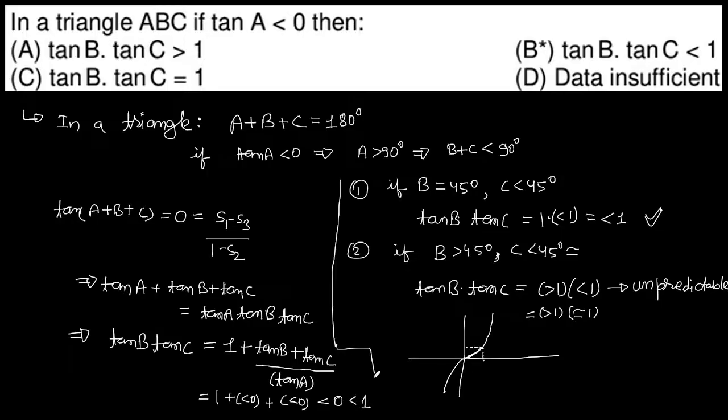If we go this way, tan B will be some number and tan A will be some fraction. A fraction multiplied with a number will be less than 0. So 1 plus less than 0 is less than 1. Hence tan B tan C is less than 1. If one case is correct, the second case can't work, or we have to see something more. This is a very good question. We have to see something more.